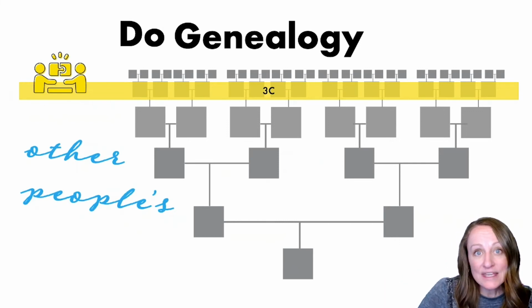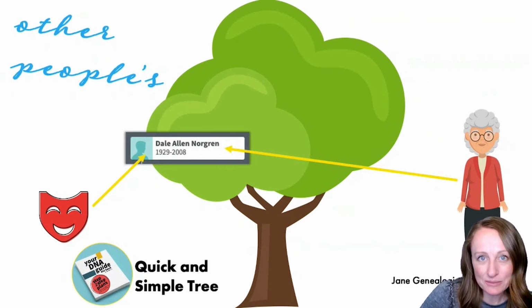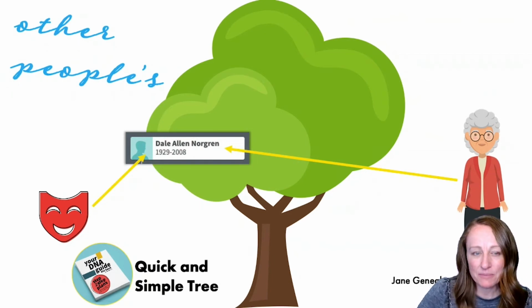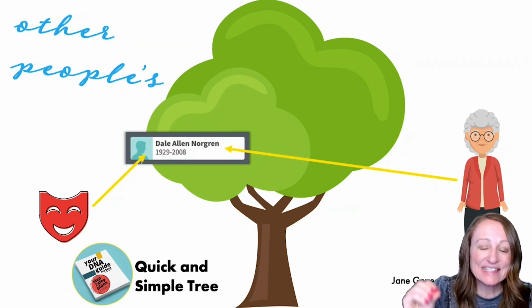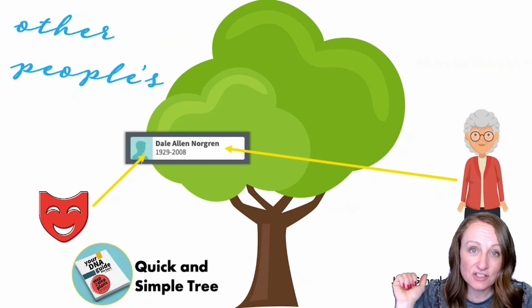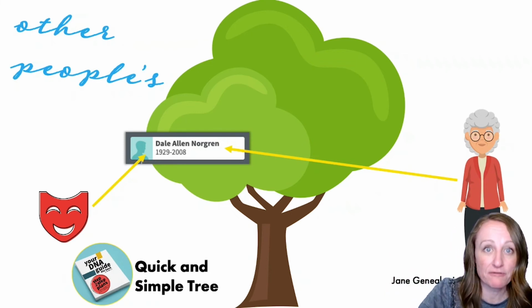Now, there's a quick and easy way to do this. We call it quick and dirty trees or quick and simple trees. I talk about how to do this in my book, but the principle is that your DNA match's ancestor that they have listed in their very small tree is the same as an ancestor in, say, Jane genealogist's tree. Somebody who's done more work and researched more and pushed those trees back farther.